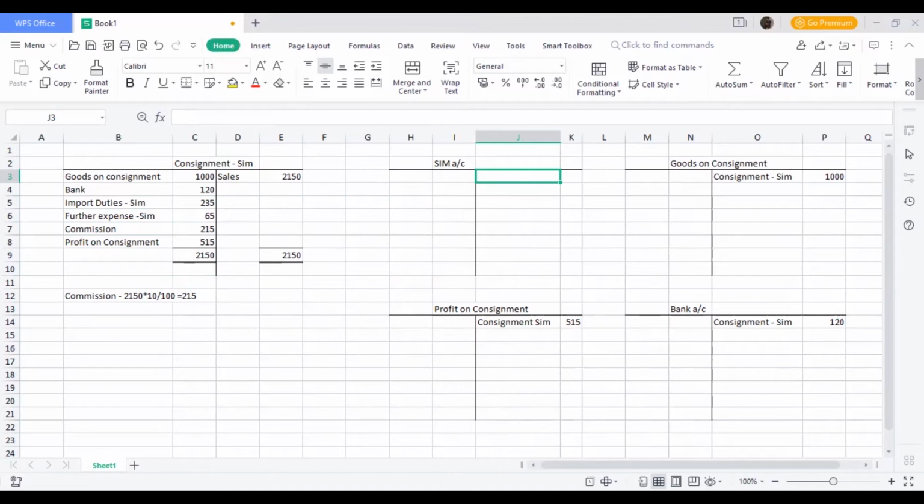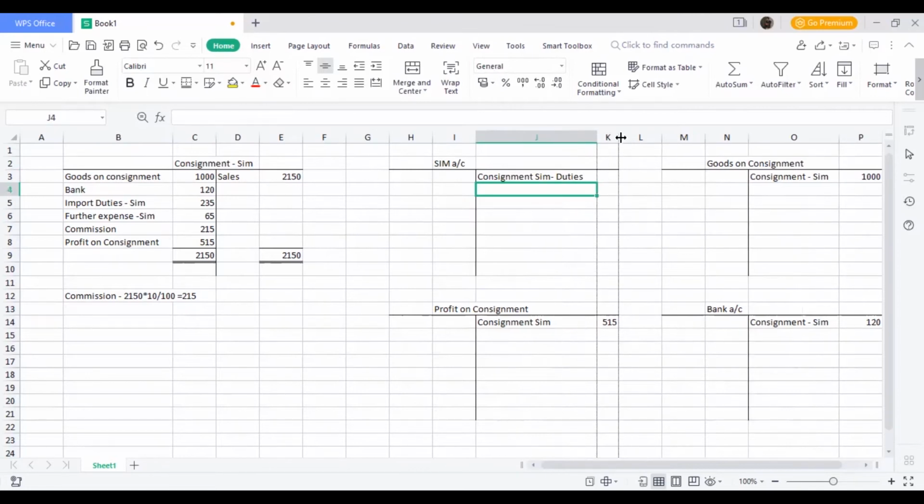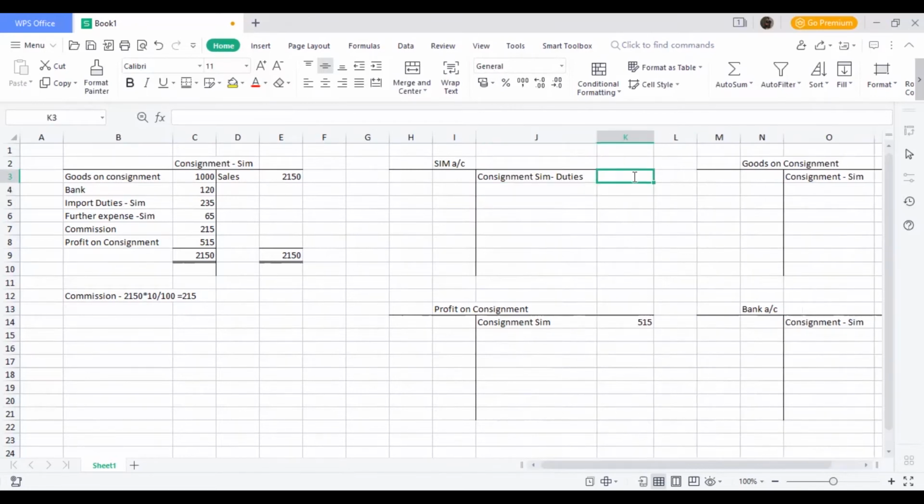So I'm going to take the consignment account, consignment SIM. You can write here duties. He has paid 235. And then we have consignment SIM, but not duties, expenses. He has paid 65.